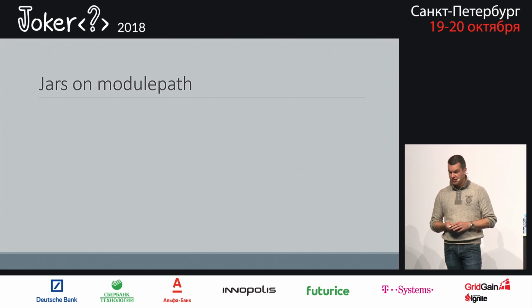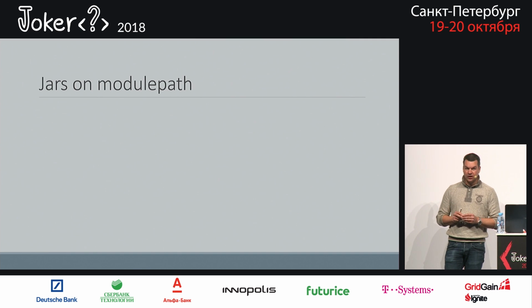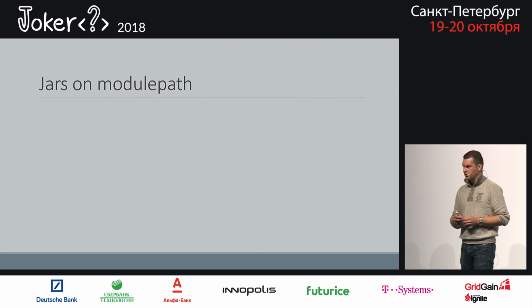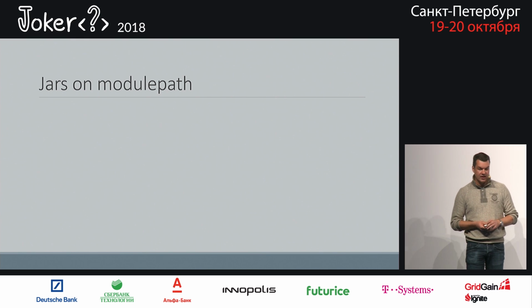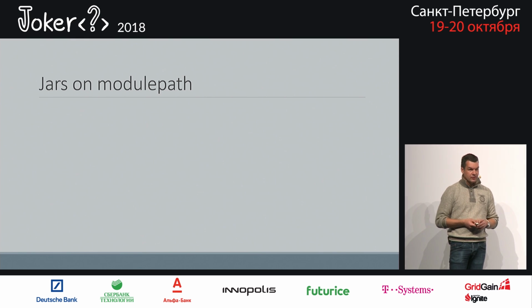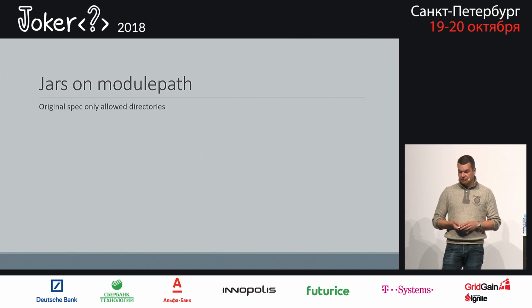So let's start with jars on the module path. When they started with the specification, they said, well, we're only going to refer to directories, because if we specify all the jars, you get a huge line of arguments on the command line. So that was the reason why they started saying, just refer to a directory. But if you know how Maven works, Maven just works by referring to an explicit file.